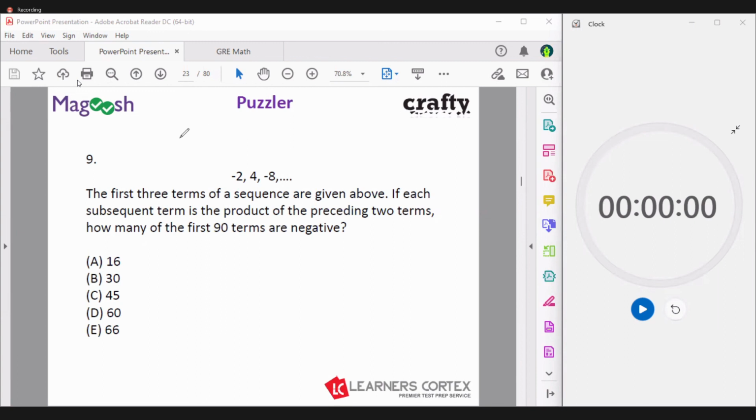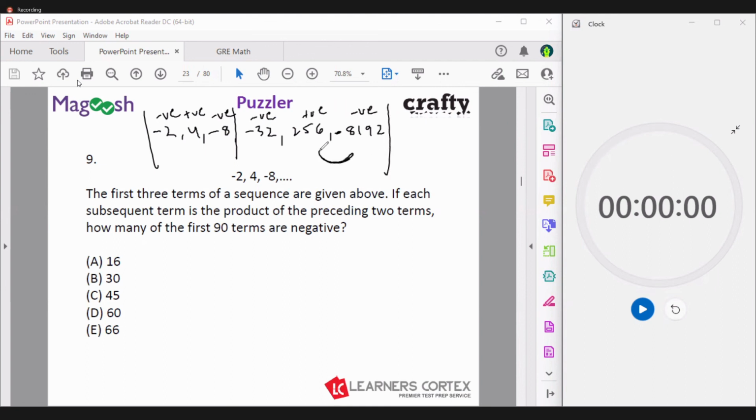Okay, so instead of just talking about the first 3 terms, let's talk about the first 6 terms. Okay, so this here is the first 6 terms. Now, if you see here, this is a negative number, this is a positive number, then again a negative number, similarly negative number, positive, and then again negative.